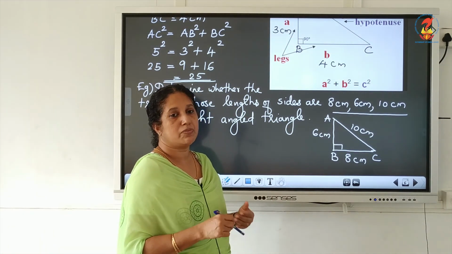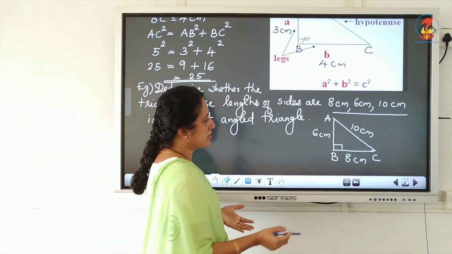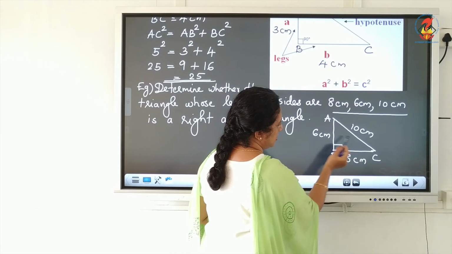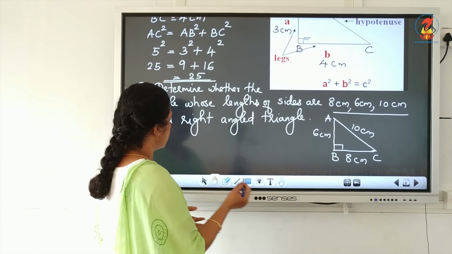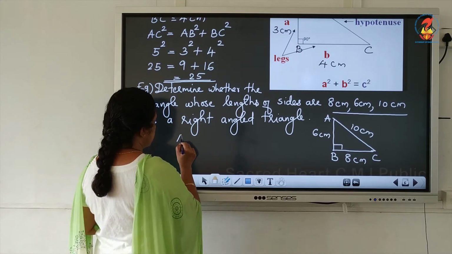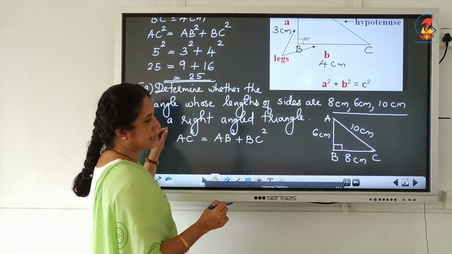Now we have to verify whether the given triangle is a right angled triangle with these measures. So we have to apply Pythagoras property. What is Pythagoras property? The square on the hypotenuse is equal to the sum of the squares of the other two sides. So we can write AC square is equal to AB square plus BC square according to Pythagoras property. You have to start the statement in that way.